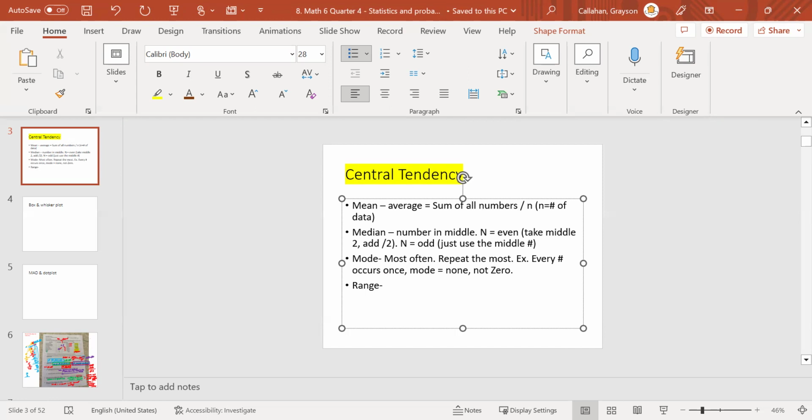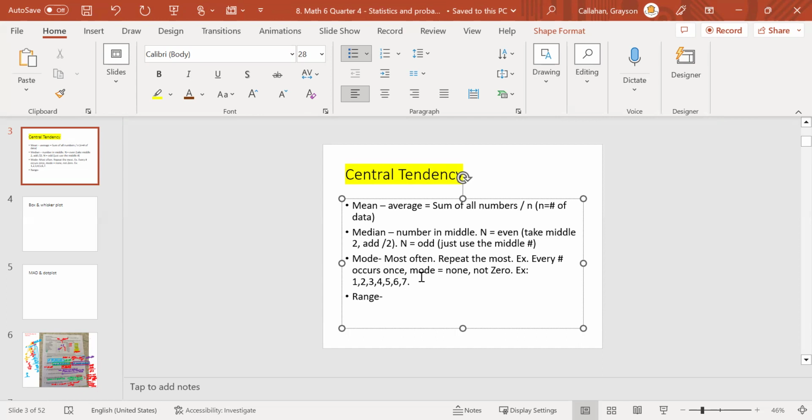Every number occurs once. Like, for example, if your numbers are 1, 2, 3, 4, 5, 6, 7, what's the mode there? Does any of them repeat? No. Okay, so what's your mode? 7? Really? Are there more than one 7? No. So then why is it 7?